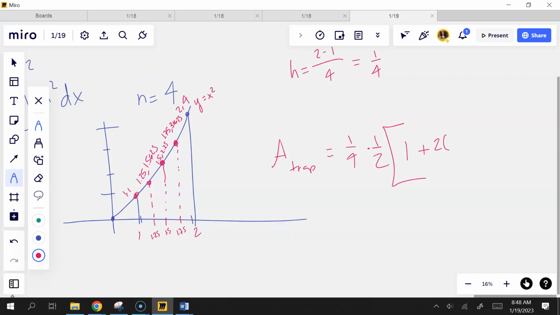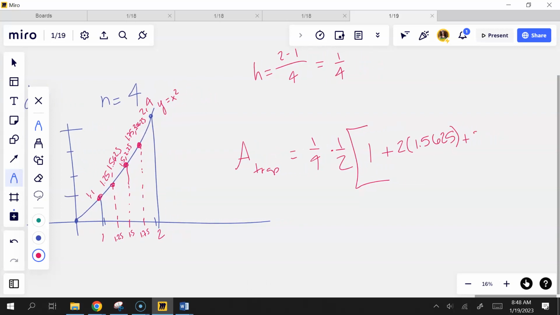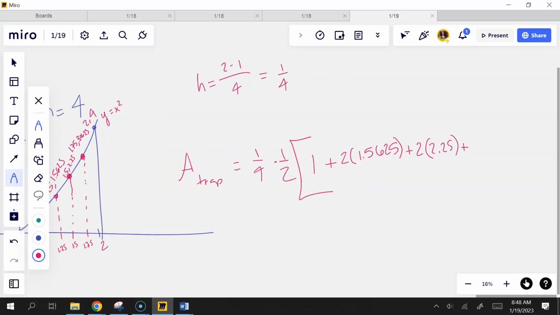2 times 1.5625. Then 2 times 2.25. 2 times 3.0625. And then the last one only once.